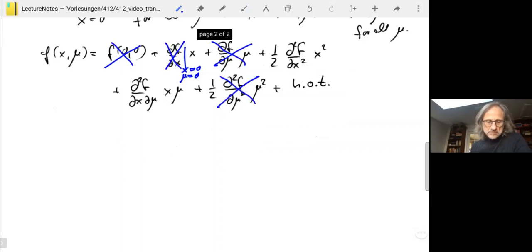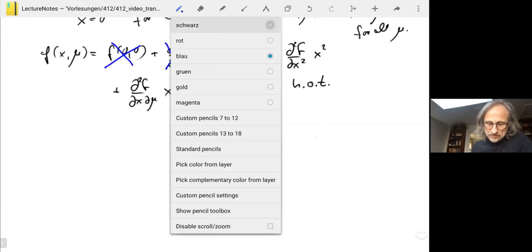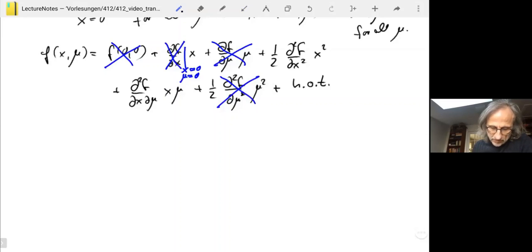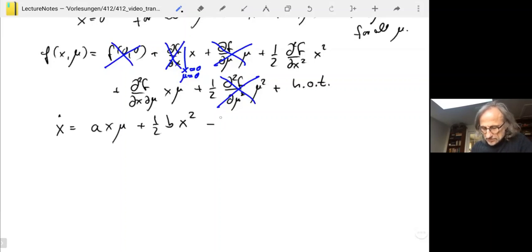So then we could solve for x if we feel like it, but let me now write down the evolution equation we get in the vicinity of that bifurcation point. We get x dot equals, there's a term with x mu, so let me call it a times x mu, plus 1/2 b x squared, and then there are higher order terms.